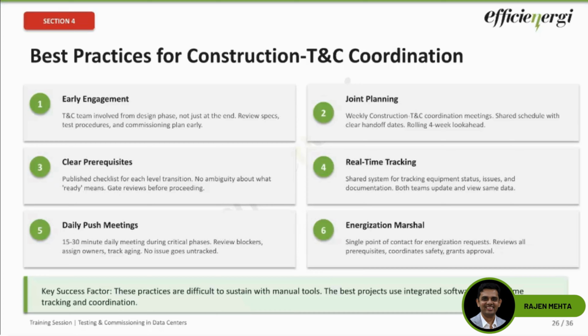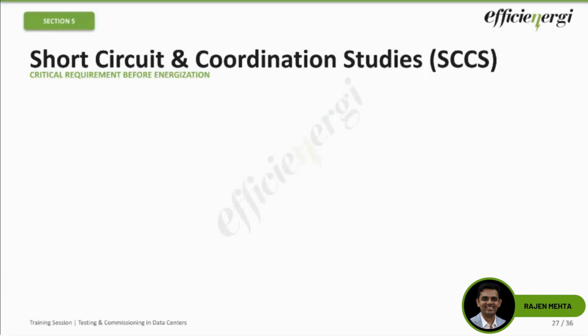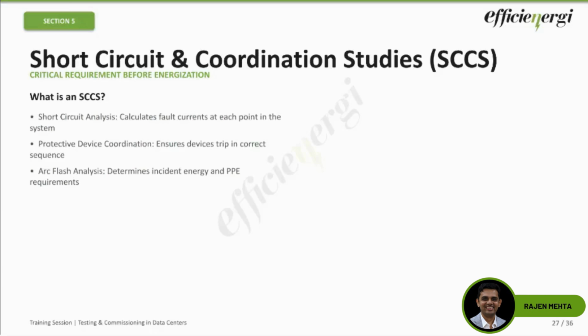Now let's look at the next section, which is your short circuit and coordination studies. Another very, very important part of commissioning, and in my opinion, one of the biggest blockers at multiple stages, which almost every site typically experiences. So, short circuit analysis. What is short circuit analysis?